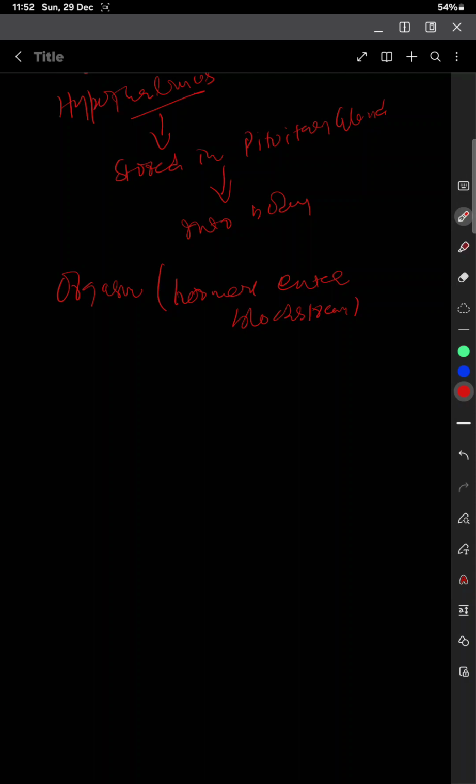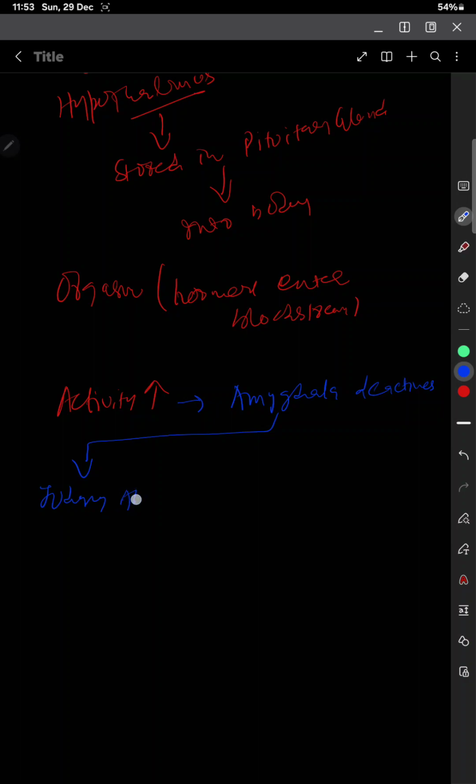Because of these secretions, certain responses occur. For example, activity increases in the romantic core of the brain, and then the amygdala deactivates. This deactivation causes a person's standard for judging others to get blurry.